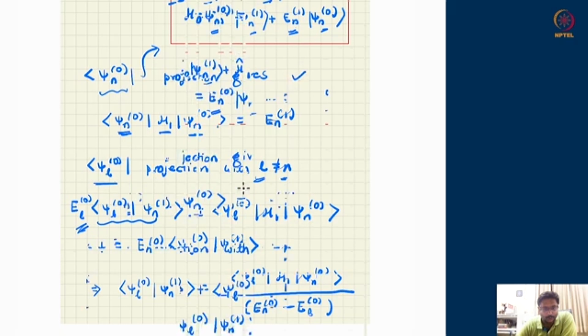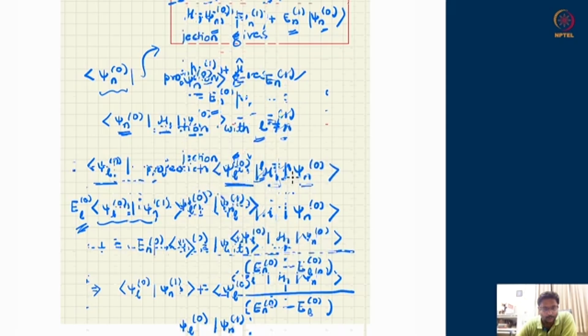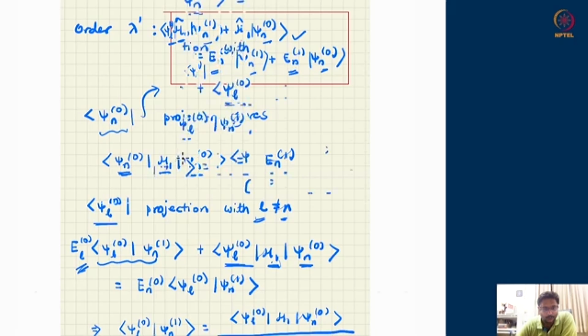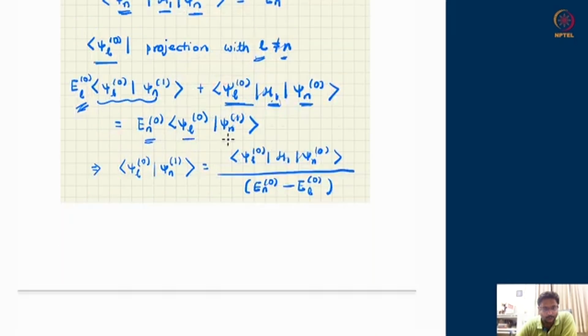So the second term on the left hand side is psi L0, H1 in between, and psi n0. On the right hand side, when I hit it with psi L0, the first term, En0, is just a number, and psi L0 will go inside and hit the psi n1. So I will get En0, psi L0 hitting the psi n1, because En0 has come out as it was a real number.